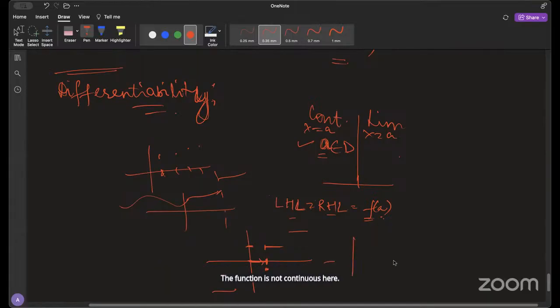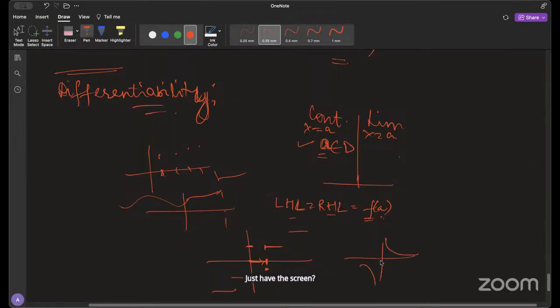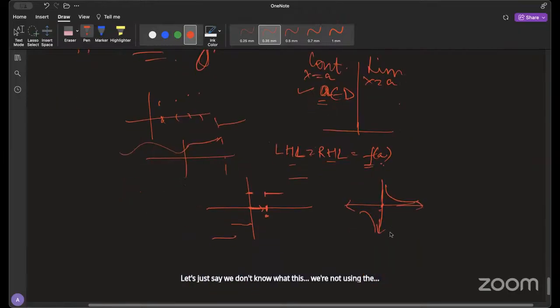And let's say you have this function, and then you lift your pen for a bit. You define the function's value at this point to be this, and before this, it's this. So let's just say we define your function this way.